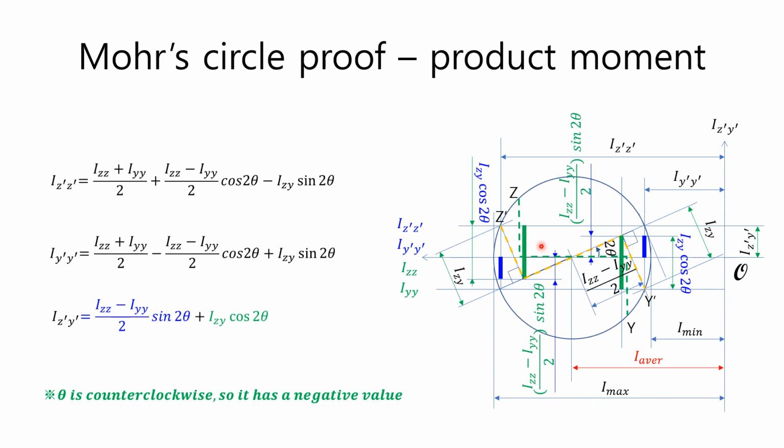Green represents the term of sin theta, and blue represents the term of cosine theta. Using those relationships, we can obtain the product moment of area for the new coordinate system with arbitrary rotation angle theta.